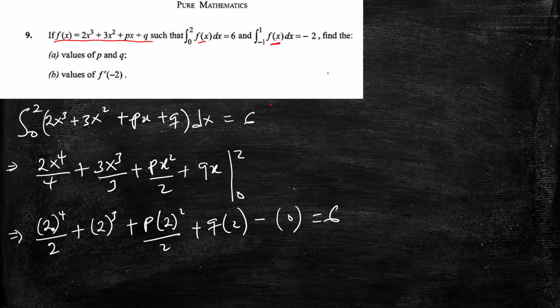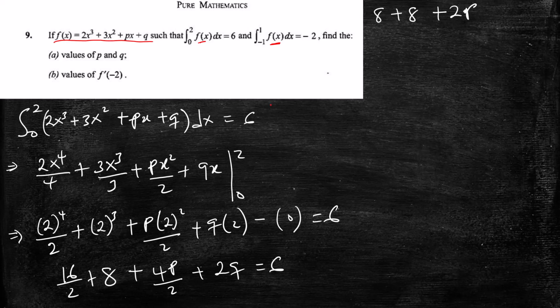So we have 2 to the power 4, which is 16, over 2, that is 8, plus 8, plus 2p plus 2q, minus 0, equals 6.